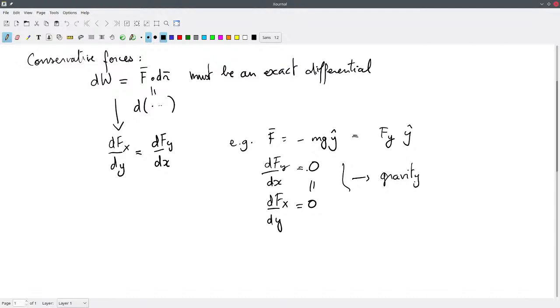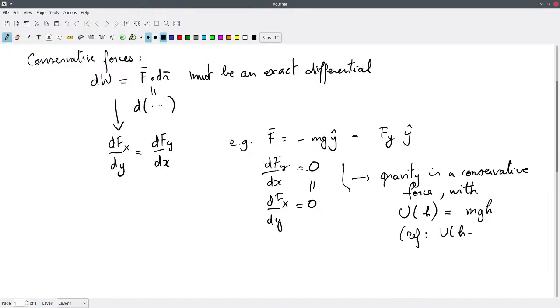Gravity is a conservative force, with potential energy U as a function of the height equal to mg times the height, where we've set as a reference point that U at height equal to 0 is defined to be 0. Remember, we needed to set that reference point.